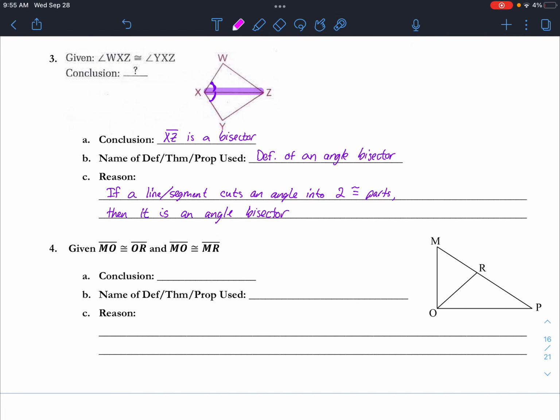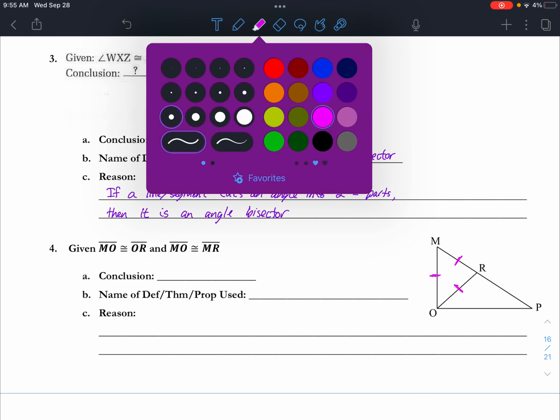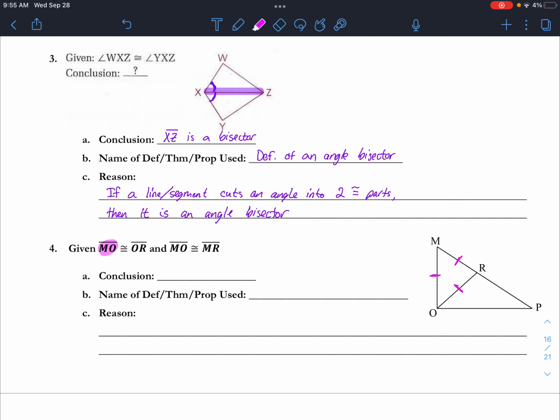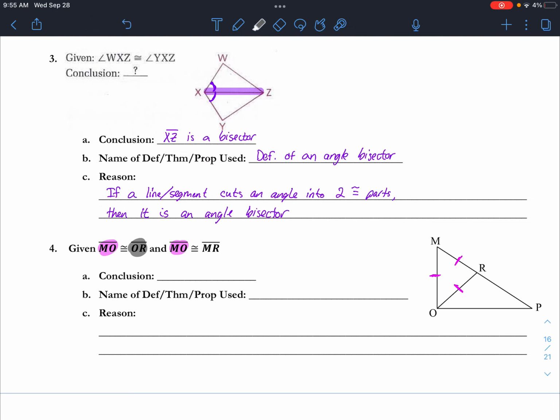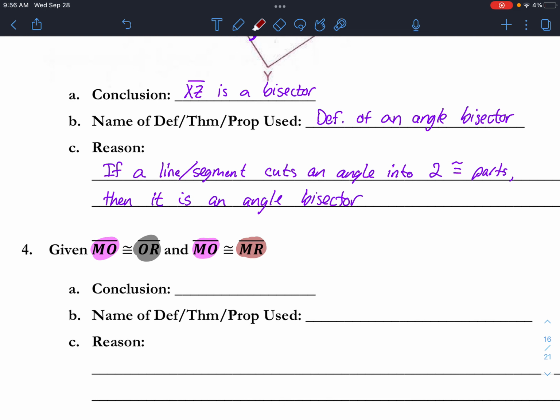So our fourth option coming down here, they're saying MO is going to be congruent to OR. They're also saying that MO, which I've already used this symbol so I can reuse it, is congruent to MR. Ladies and gentlemen, this is the chain rule. So if I go ahead and highlight these, I see two MOs, I see one OR, and I also see one MR. Some people do like to see these stacked on top of each other.